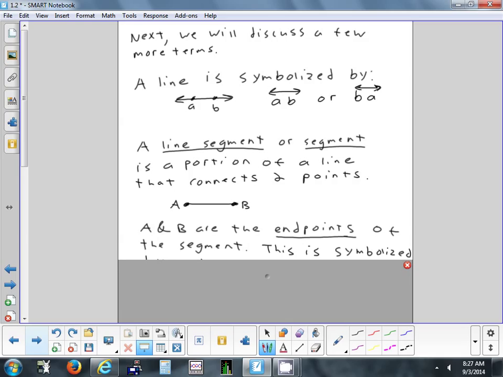Any guess how we symbolize a segment? It's similar to how we did a line, but it's just a little different. Think about how you'd write it down. We don't generally want to write down line segment AB.